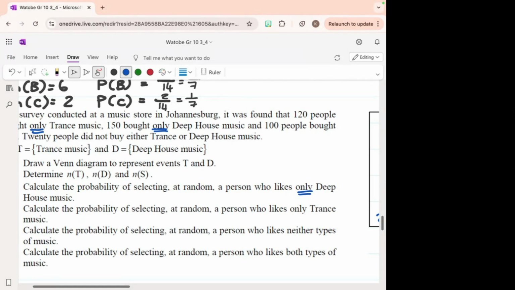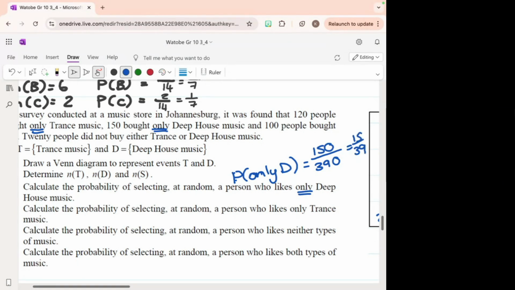All right, so in other words, the probability of only deep house music, we know that 150 people only liked deep house music over a total of 390. Could we simplify that? We could. 15 over 39.